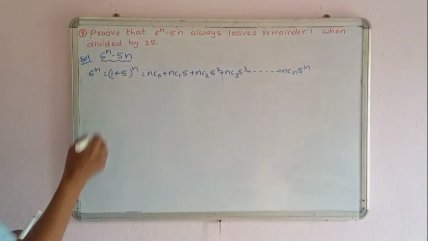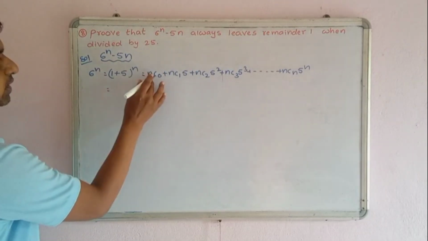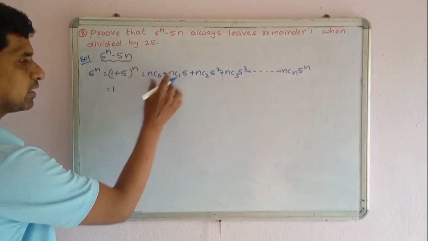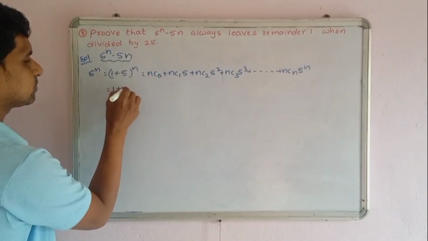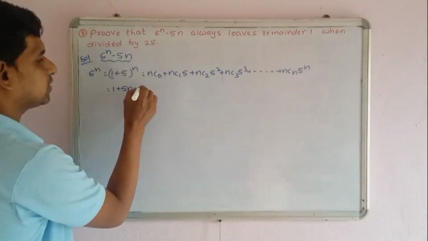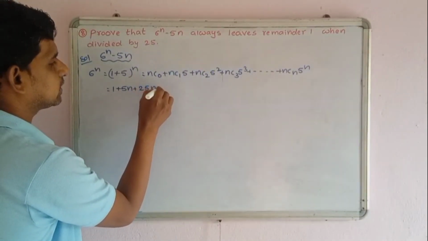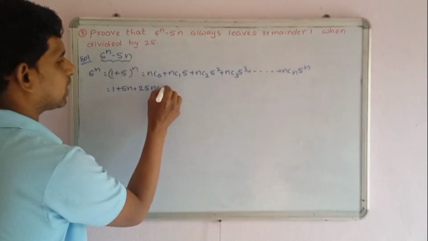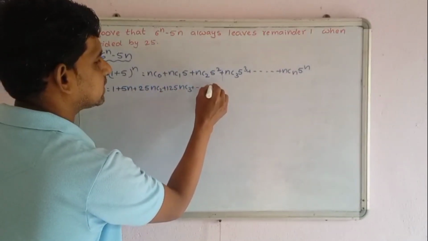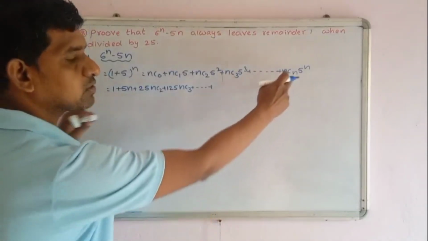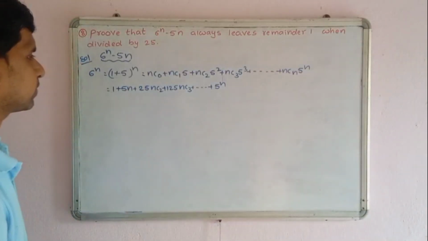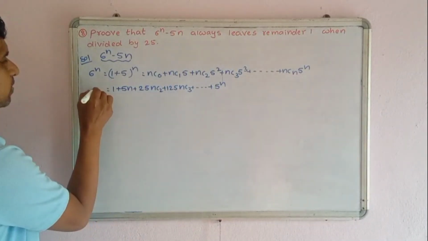Now that equals nC0 value 1, nC1 value n, so 5n, plus nC2 5 square, value 25, nC2, 5 cube, value 125, nC3, plus so on. nCn value 1, nC0 equals nCn, so 1 times 5 power n, so 5 power n. So this is 6 power n.